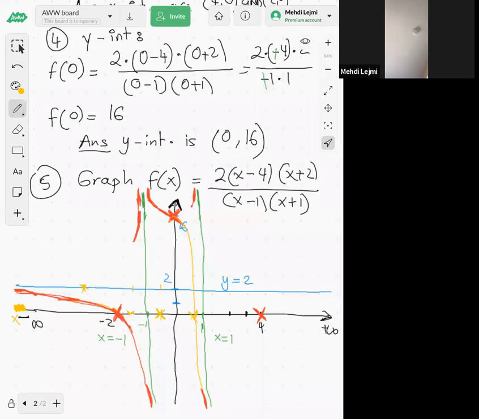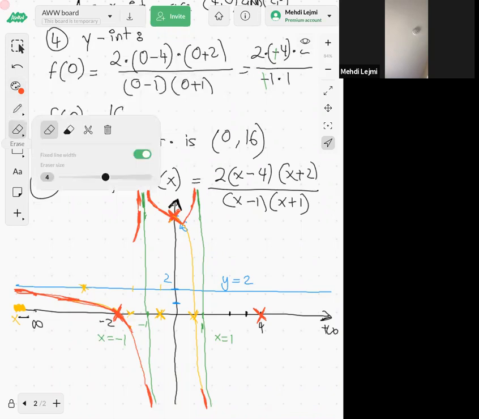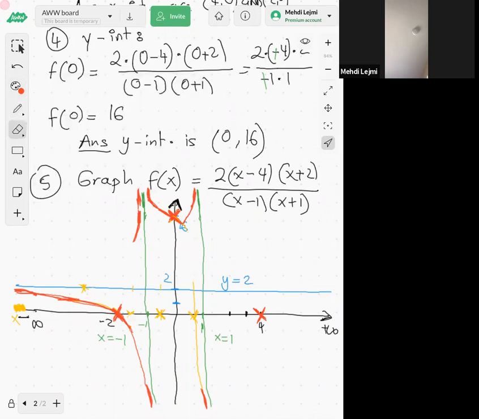But we don't have an x-intercept there, so that's not the right thing to do. So we have to go up here, because if you go down, you're going to cross the x-axis, but you don't have an x-intercept there. So this is not correct.